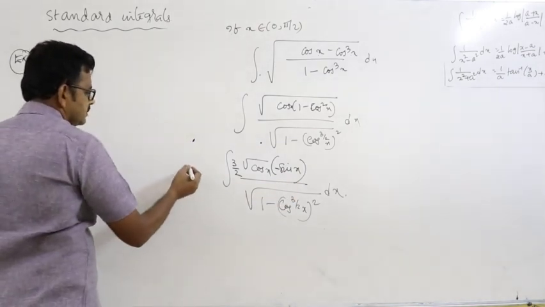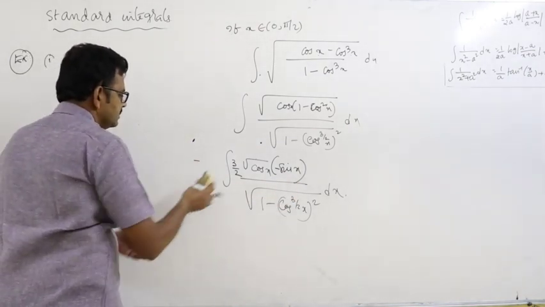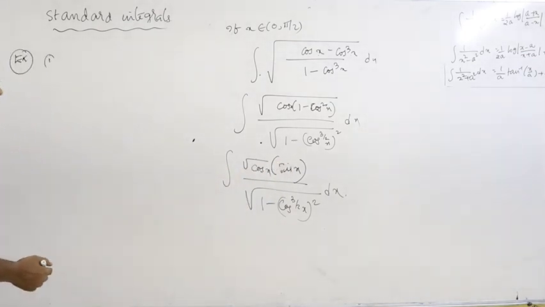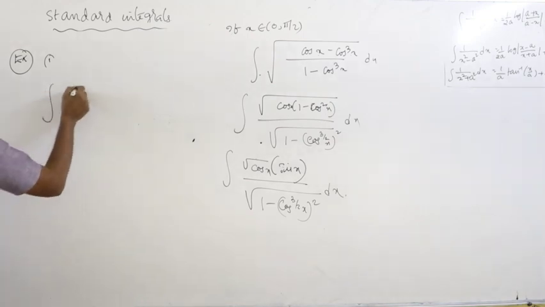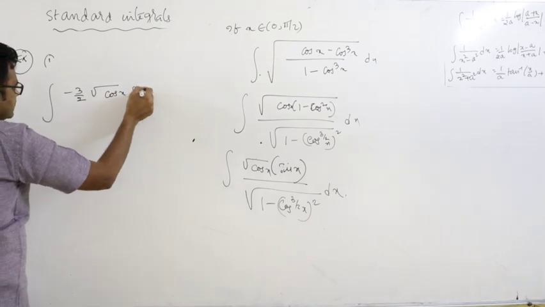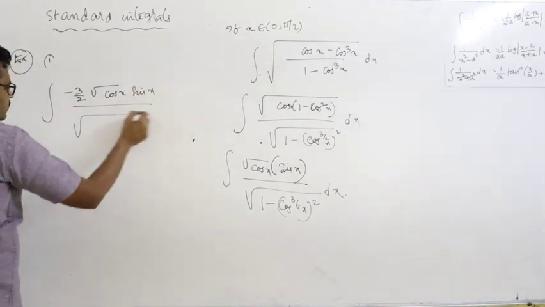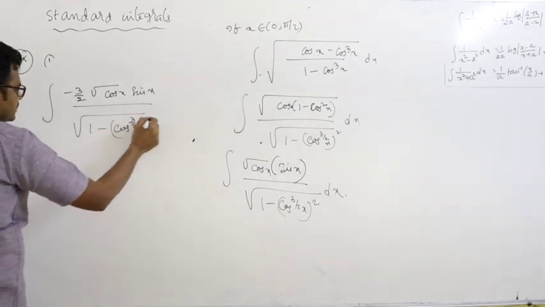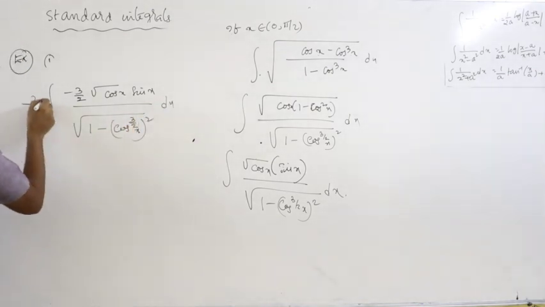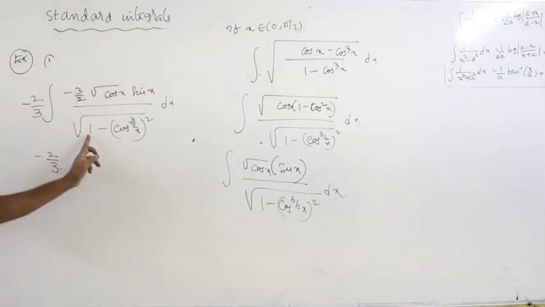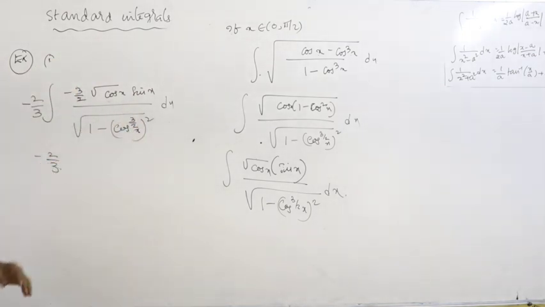So multiply and divide by minus 3 by 2: minus 2 by 3 into f dash x by root of a square minus f of x whole square.